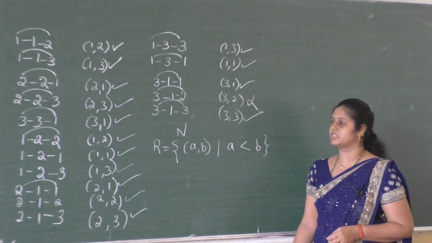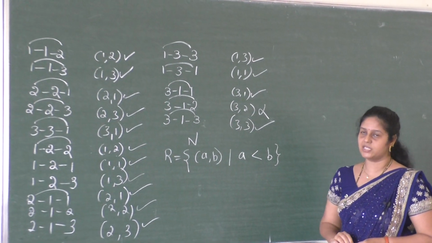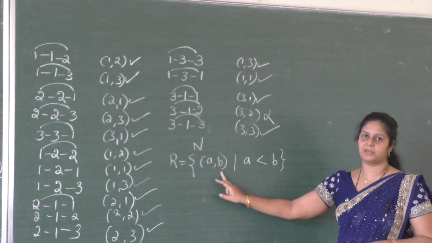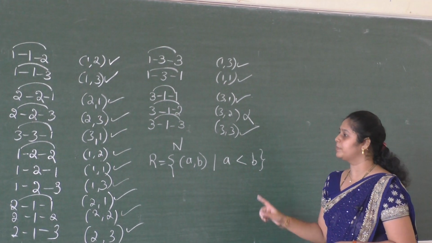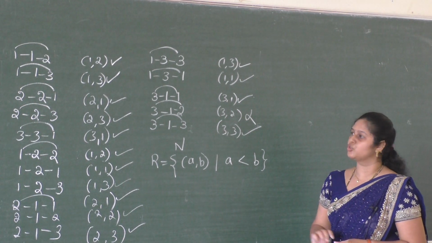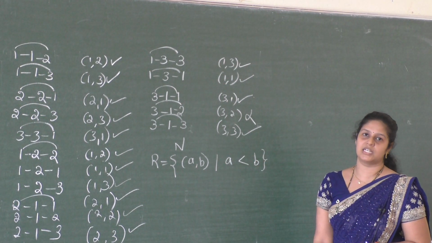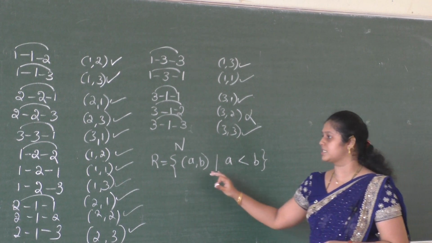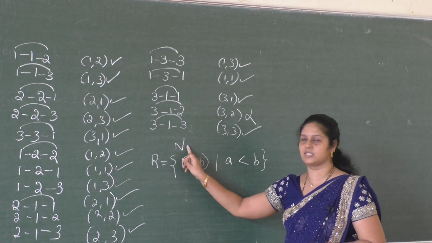On the set of natural numbers, if a is less than b, then a and b are related. What about this relation? In the previous example, the relation was not transitive. Now what about this relation on the set of natural numbers?